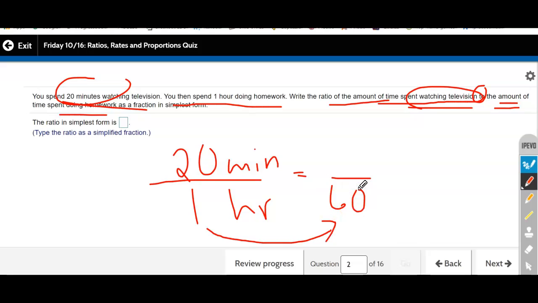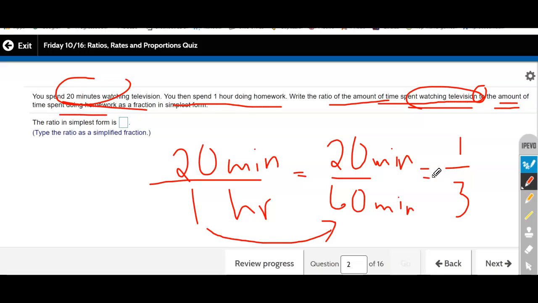If I had 2 hours right here, then I would multiply 2 times 60 to convert it. The top I do nothing with because it's already in minutes. I just changed them both to minutes. Now that they're both minutes, what can I do? Simplify. And that simplifies down to 1/3.